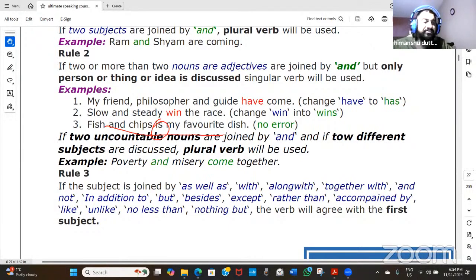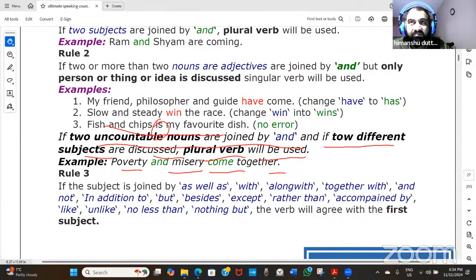But if two uncountable nouns are joined by 'and', and two different subjects are discussed, plural verbs will be used. For example, poverty and misery come together. Misery is totally different. Let me tell you, uncountable nouns: poverty, misery.